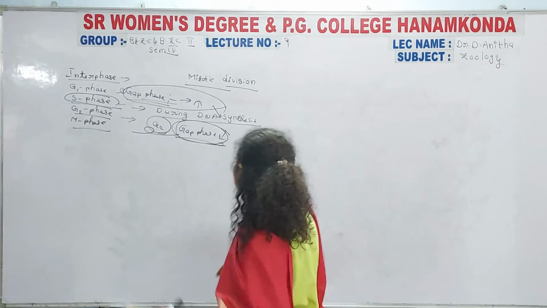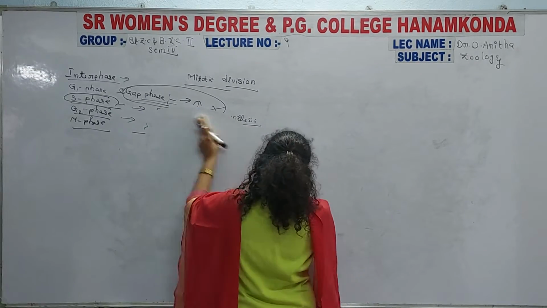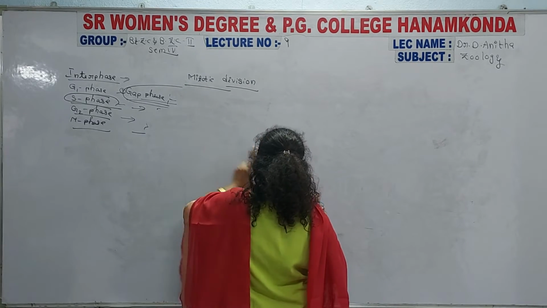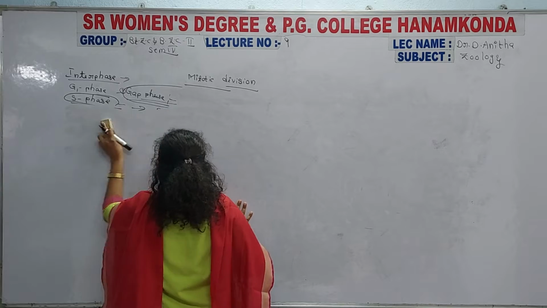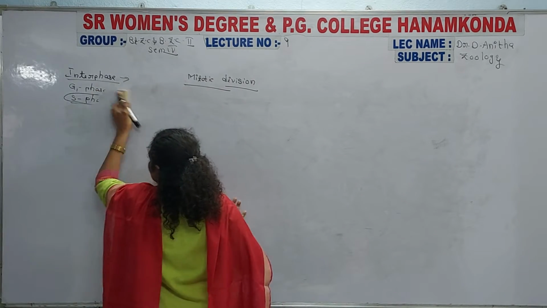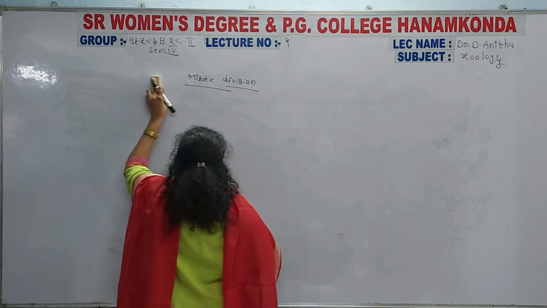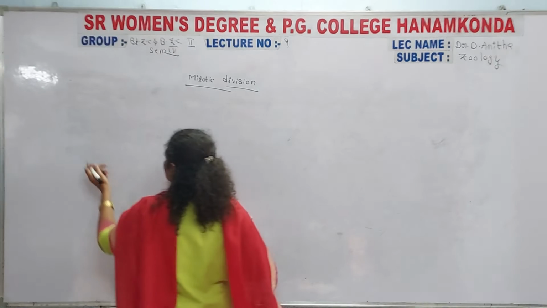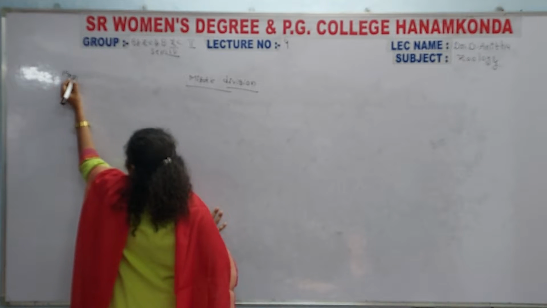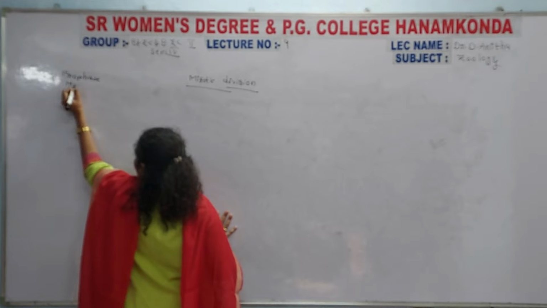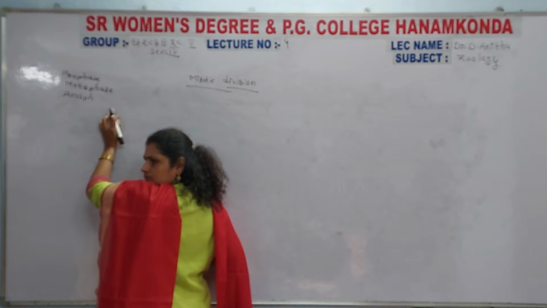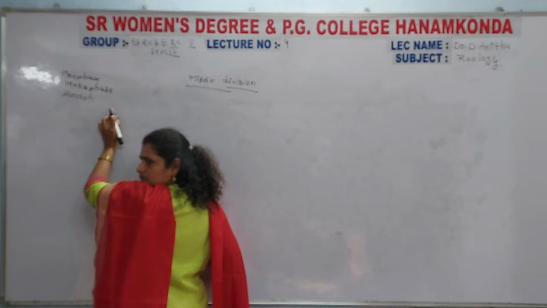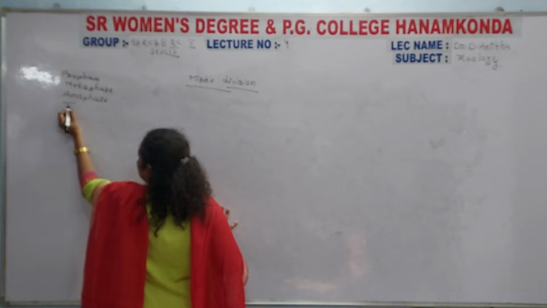And now, in mitotic division, there are prophase, metaphase, anaphase and telophase.